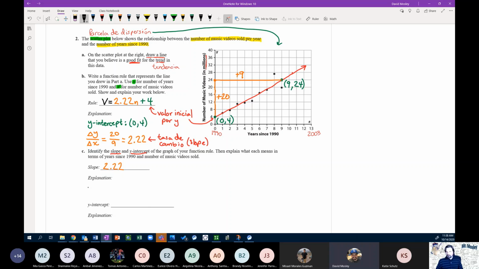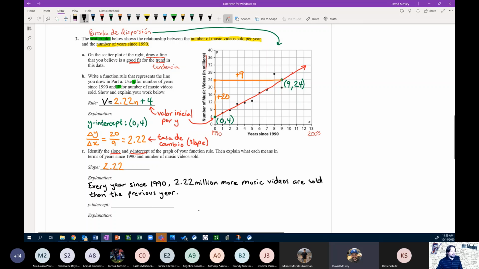It means that every year since 1990, 2.22 million more music videos are sold than the previous year.